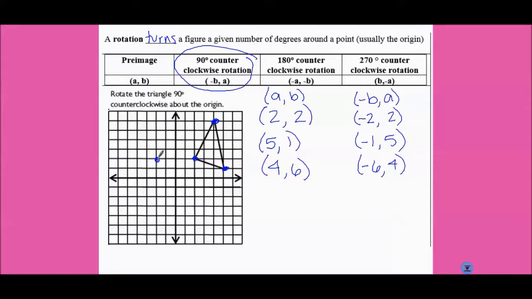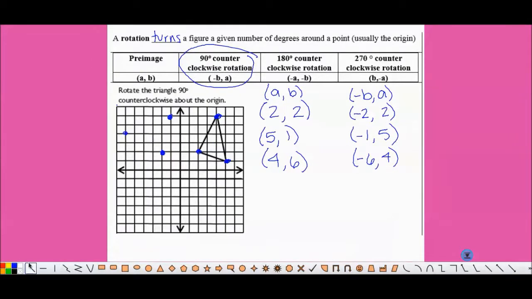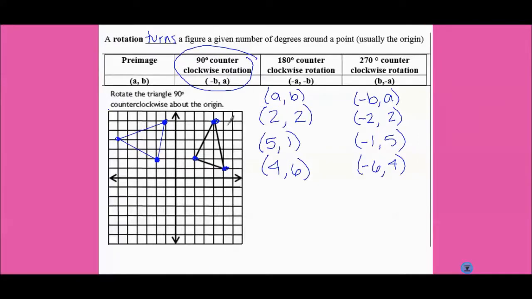Negative 2, 2, negative 1, 5, and negative 6, 4. So it just looks like we took it and we turned it a little bit.